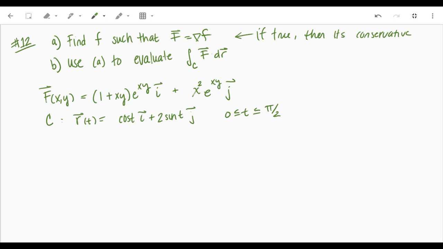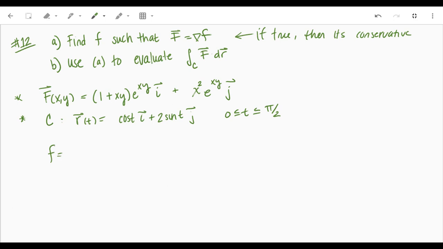So the vector field is given by this first expression here. We've got our x component and our y component, and we have our curve defined here also. First things first, we do need to find f, and we have two ways of getting there.